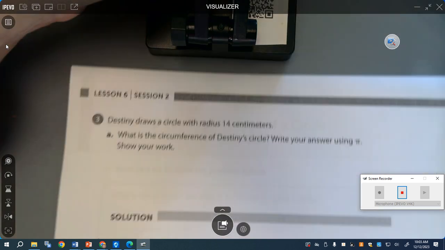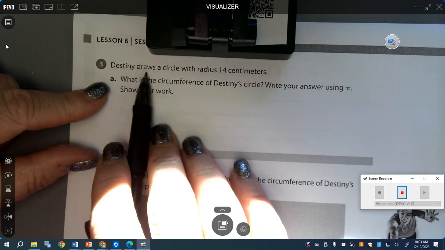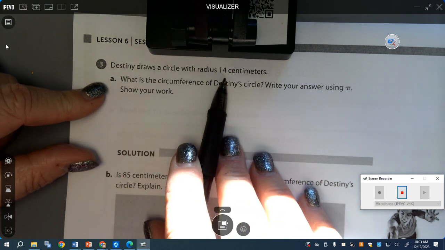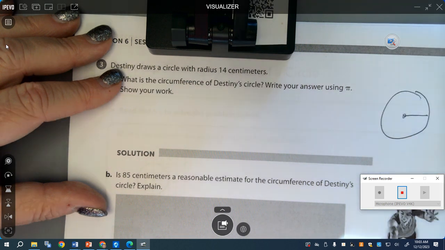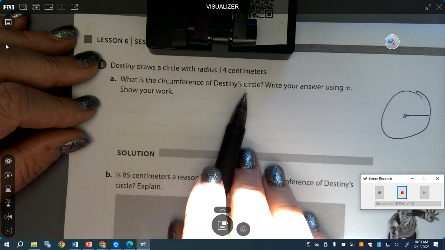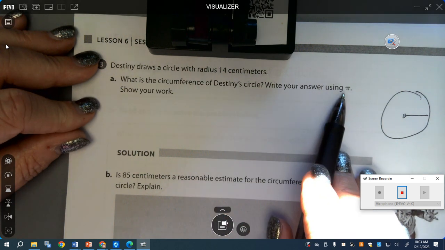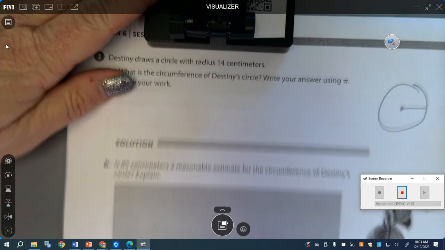Number 3 is going to get a little bit tricky. Destiny draws a circle that has a radius of 14. You might want to draw this out. What is the circumference of Destiny's circle? Write your answer using the pi symbol. B, this is where B gets a little bit tricky.